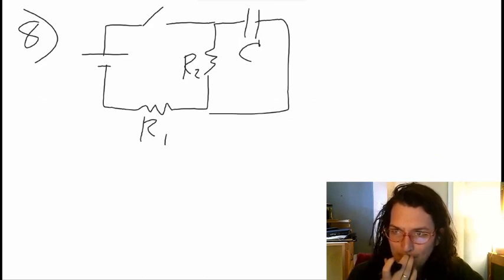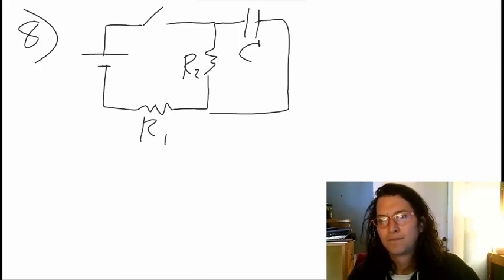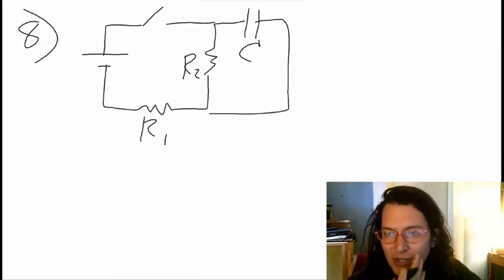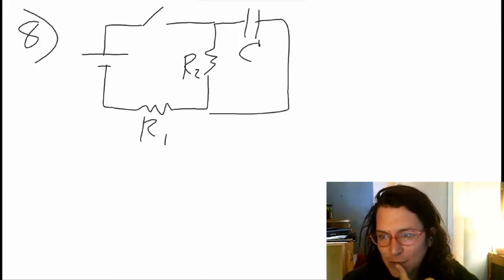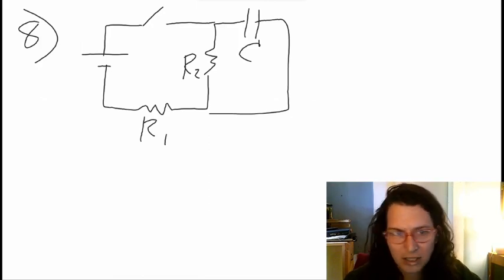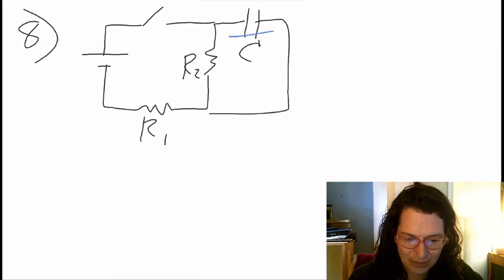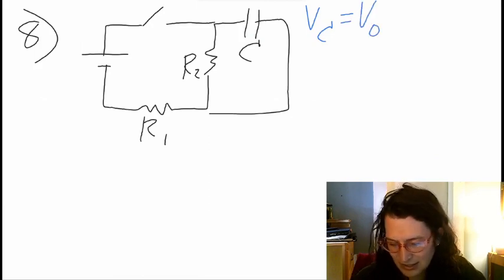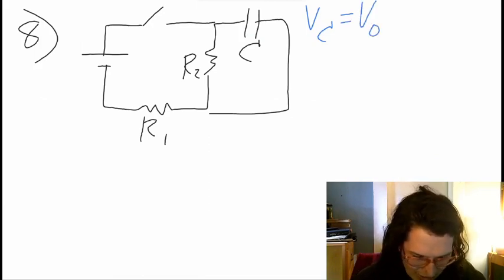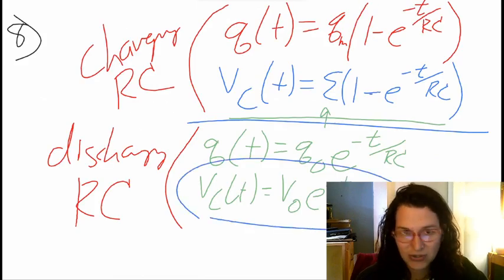So after a very long time, you would have a voltage across the capacitor. We'll say that our voltage over our capacitor is going to be equal to our V naught in our discharging equation that I wrote on the last page, right? This is the equation that we ultimately want to use because we're going to discharge.